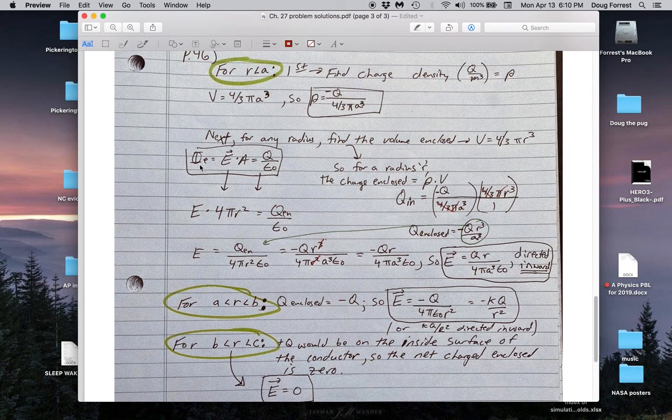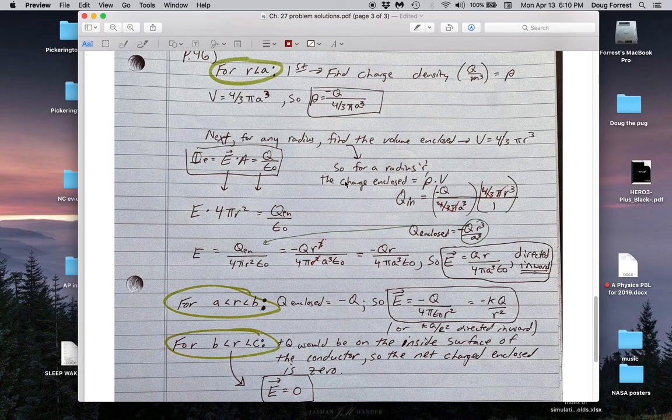So when I look at this, this is again my formula for flux: E times A is equal to Q, the charge enclosed, over vacuum permittivity. For any radius, the volume that's enclosed is 4/3 pi r cubed. If r is the full radius a, then you would enclose the full amount of charge, negative Q. But if r is less than a, you're going to enclose less than that amount.